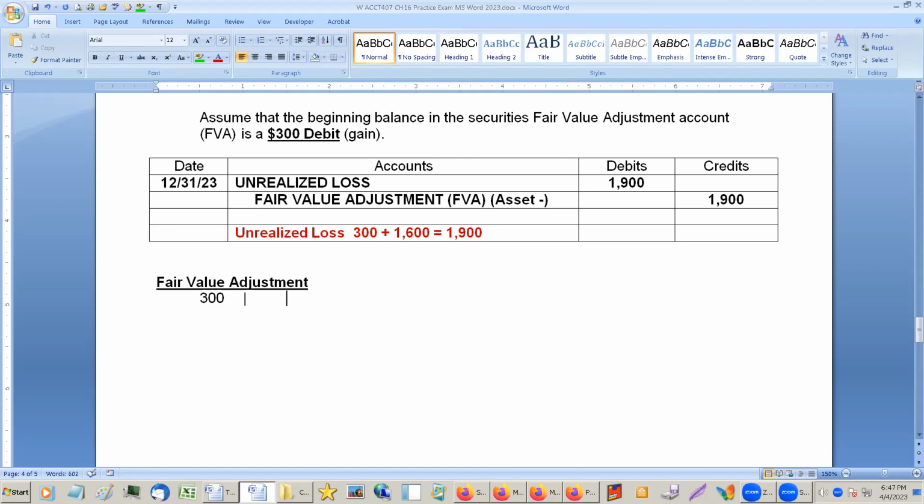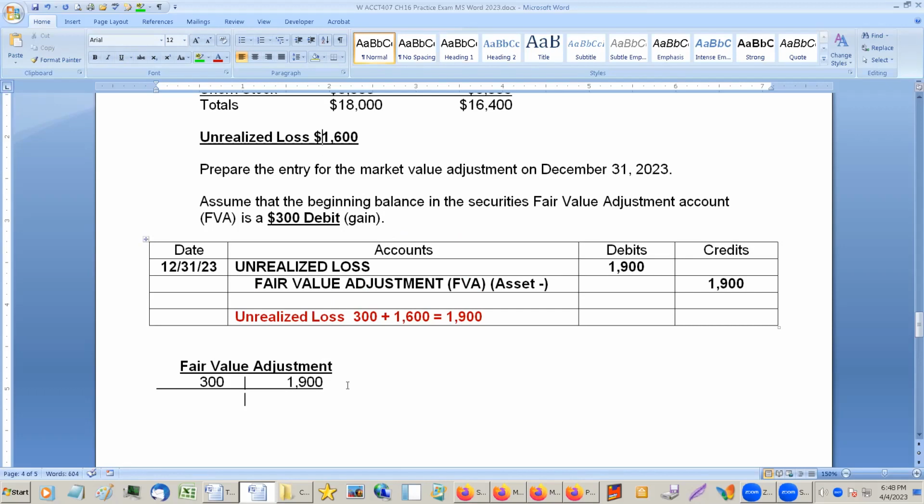Then we, so the ending balance on the account would be the 1,600 that we want in there. 1,900 minus the 300 would leave an ending balance in that account of 1,600. So this is that loss that we have to recognize.